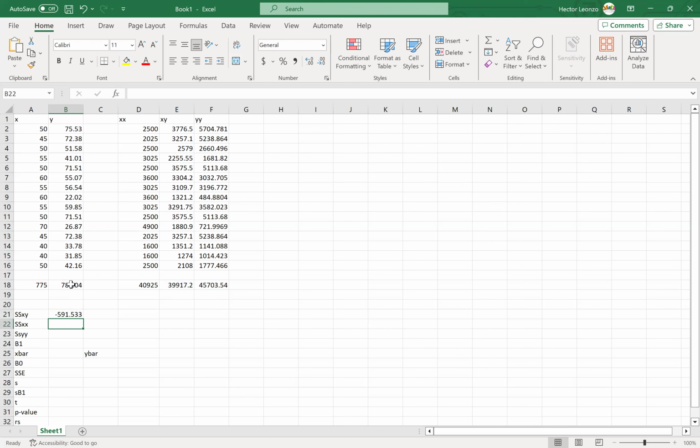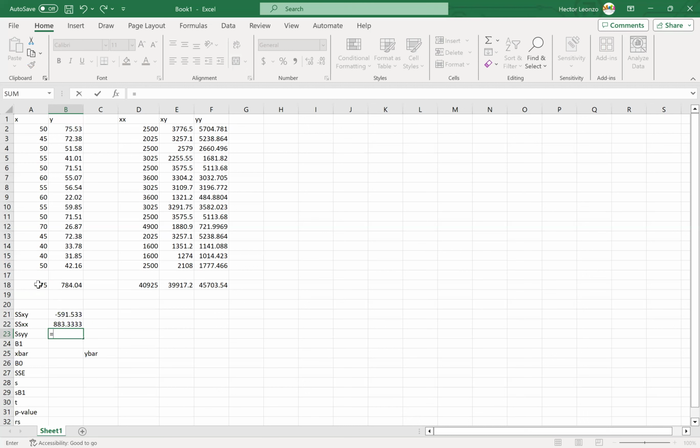Then the sum of the squares of x equals sigma x squared minus sigma of x times sigma of x divided by n, which is 15.